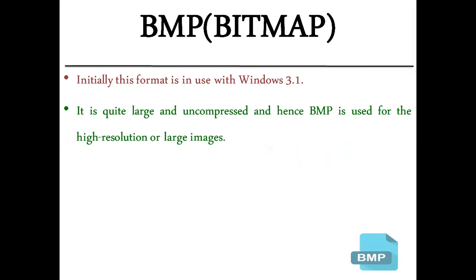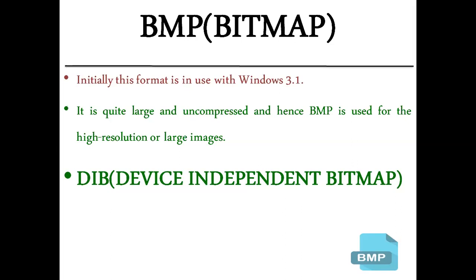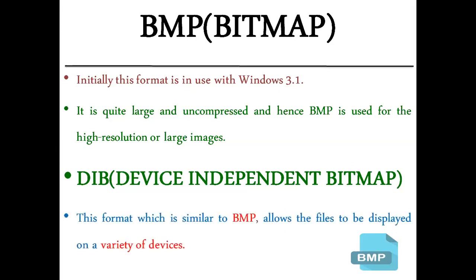And bitmaps are used for large images. Next one is your DIB, Device Independent Bitmap. One advantage of Device Independent Bitmap is that it allows the files to be displayed on a variety of devices, not only on computers, you can use it even on mobiles as well as tablets.